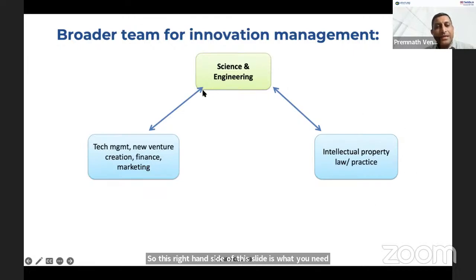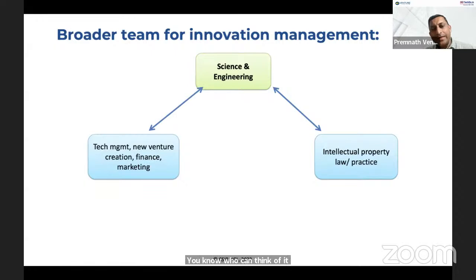The other activities I told you about, which are out of scope of the IP group activities, for example creating leads, marketing, and being able to do deals, are tilted more towards this side of the activity, which is people who can think of it managerially and strategically in terms of what to do with it and who would be interested, present a case, a value proposition, evaluate what value it has, and market it, right?